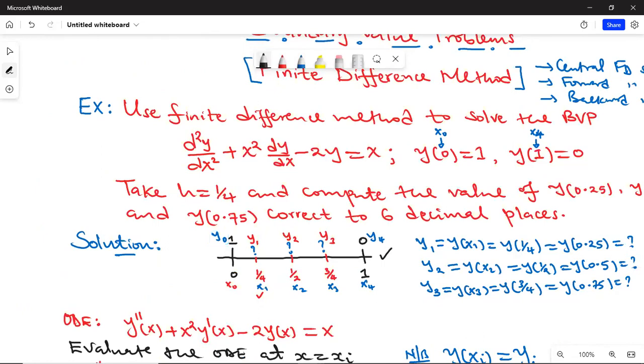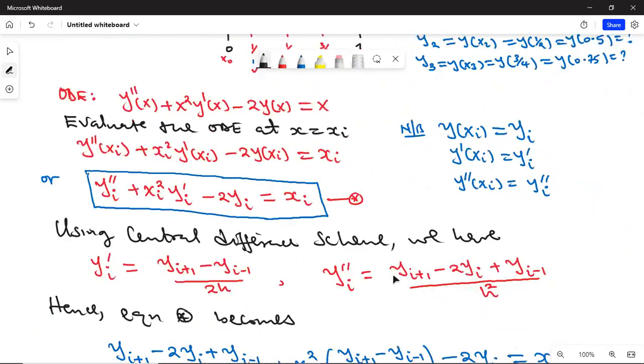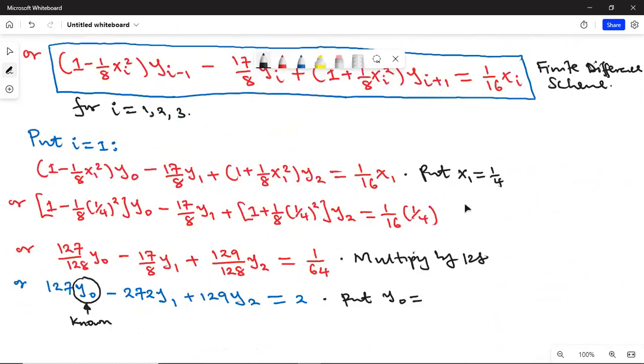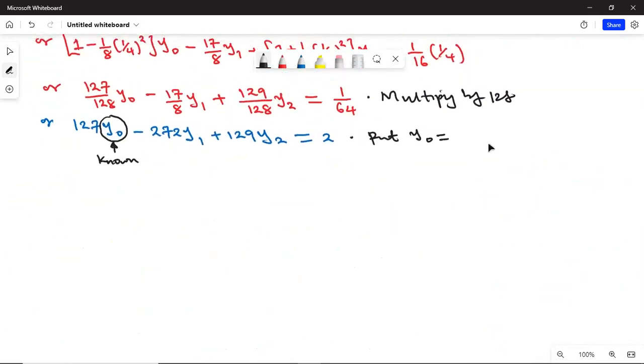So we know the value, so we are going to substitute. Where there's y naught, we put 1. So what will it give us? Finally, that should now give us, we are substituting 1, remember.